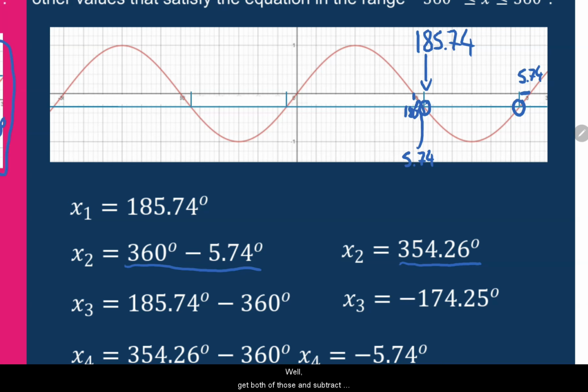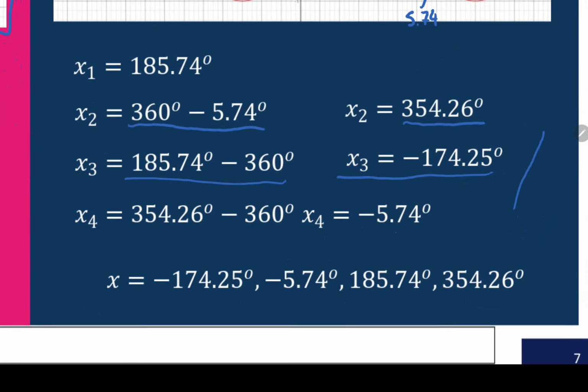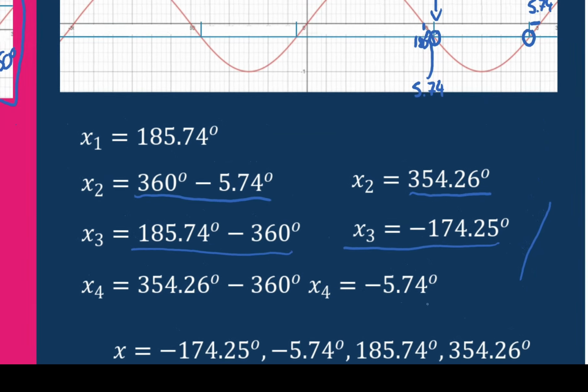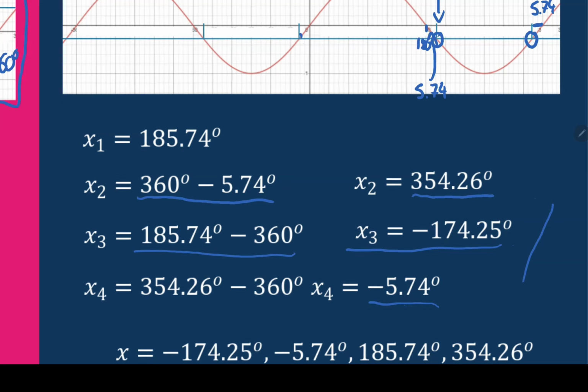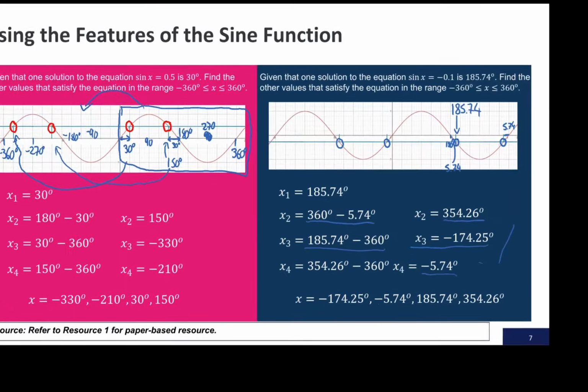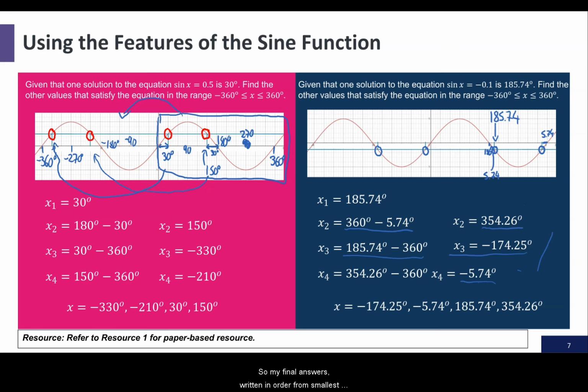Well, I get both of those and subtract 360 from both of them. And there we go. So my final answers, written in order from smallest to largest, are there. And all I'm doing is using the symmetry of the graph.